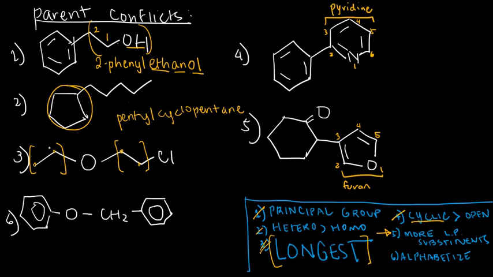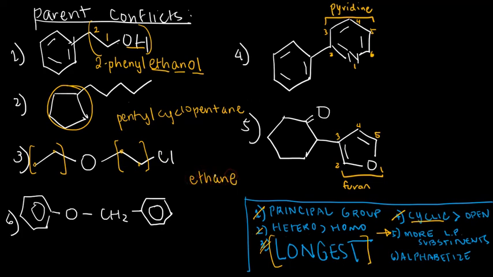So let's just call this left ethane and this as right ethane. If left ethane is the parent, its substituent would be everything at the right, only 1. If right ethane is the parent, it would have 2 substituents, this chlorine at its right and this alkoxy group at its left. So 1 versus 2 substituents, we choose right ethane as our parent.